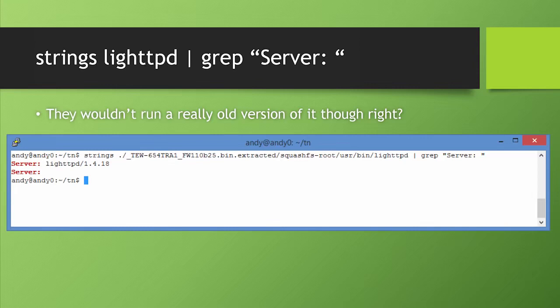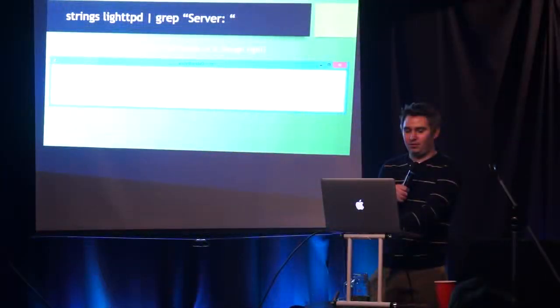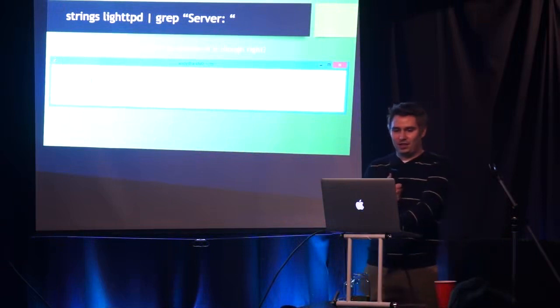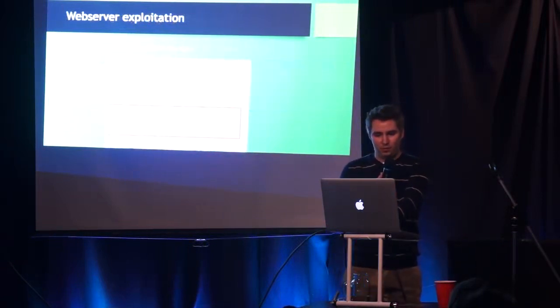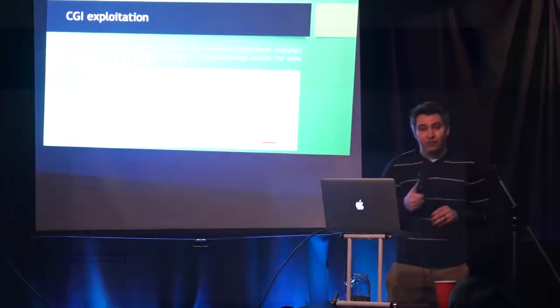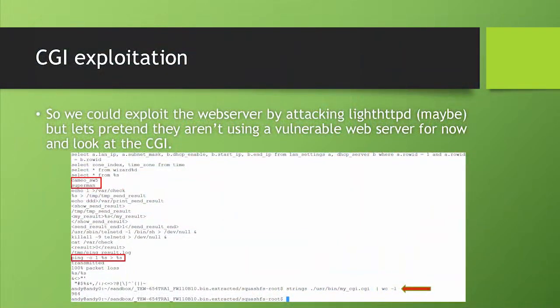So you look here, there's a security fix in 1.4.35 and they're running 1.4.18. They haven't fixed that yet, so moving on. There's going to be a whole bunch of zero-day that I'm going to be talking about. You guys deal with it.